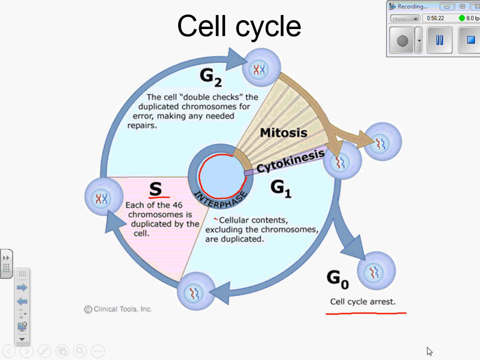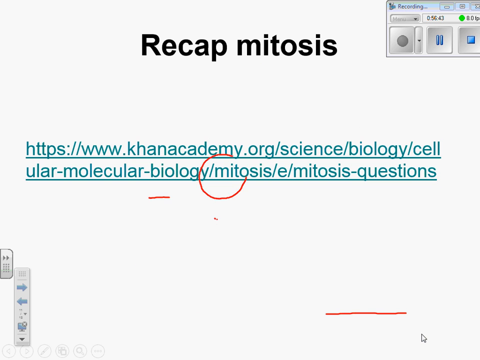Well, that's going to be double what it would normally have. At the end of telophase, it'll have its normal number, and so on. It's more likely to apply to meiosis, because in meiosis we end up halving it anyway. But just following how much DNA we've got is something we'll need to do.